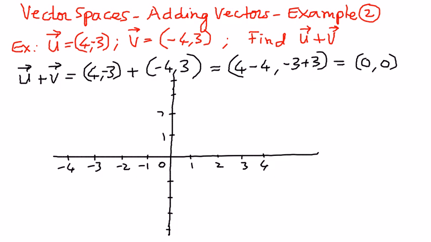This is 1, 2, 3, 4. This is -1, -2, -3, -4. This is the positive x-axis, negative x-axis, positive y-axis, and then negative y-axis.